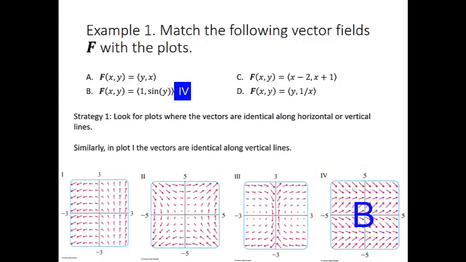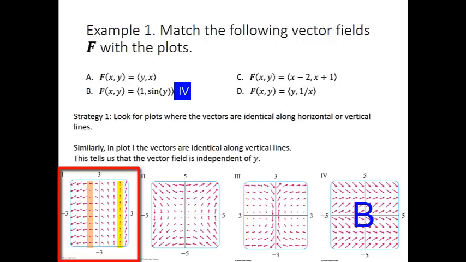Similarly, if we look at plot 1, we see that the vectors are identical along vertical lines. This tells us that the vector field is independent of y. As y changes, it has no effect whatsoever on our vectors.